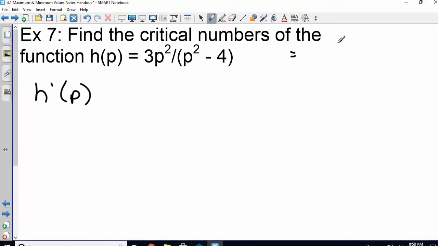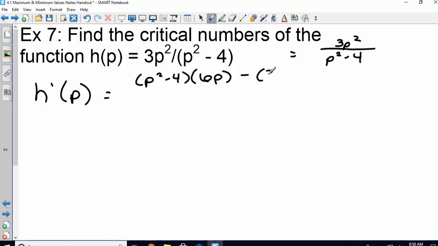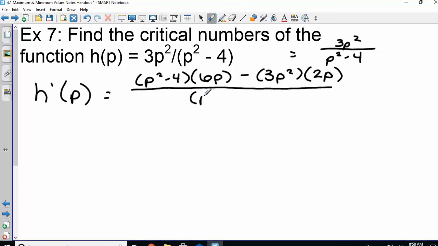Keep in mind, this is 3p squared over p squared minus 4. So what do we have to do? Quotient rule. Low d high, derivative at the top would be a 6p, minus high d low, derivative at the bottom would be a 2p, over low squared.